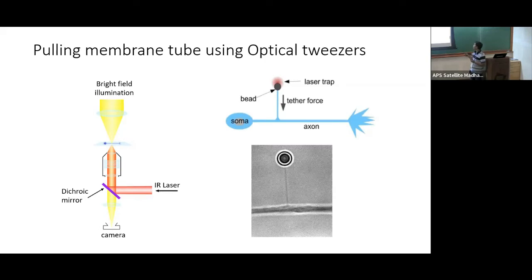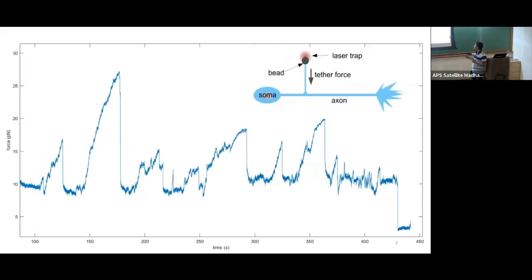So we just artificially create a membrane tube, and then we keep the tube length constant, and just see the force on the bead. Initially we see a constant force, and then after waiting for about a minute, we see a load being built up, and then there is a sudden collapse. So we see this load and fail behavior happening in the membrane nanotube.